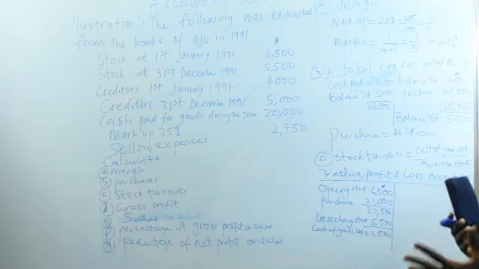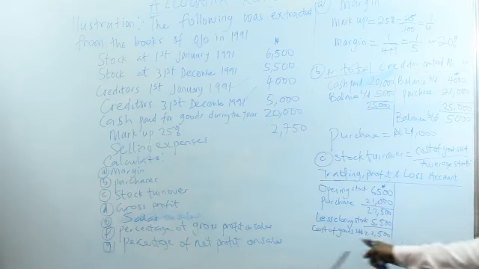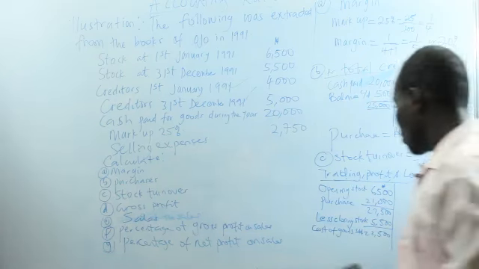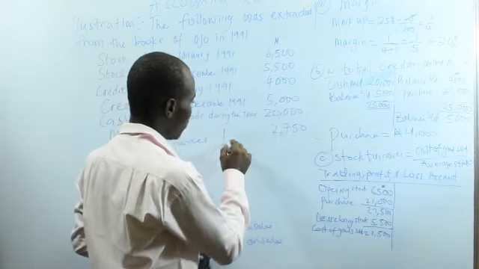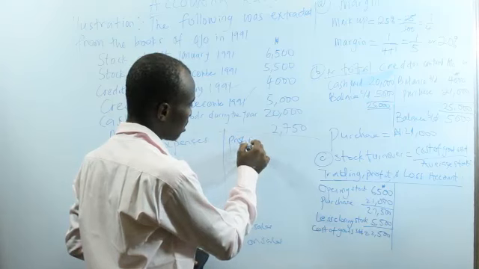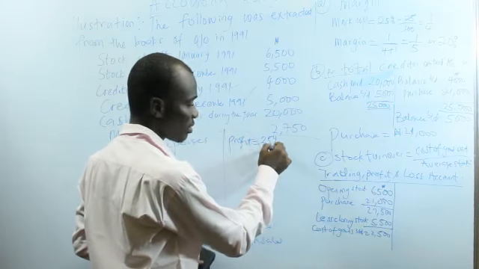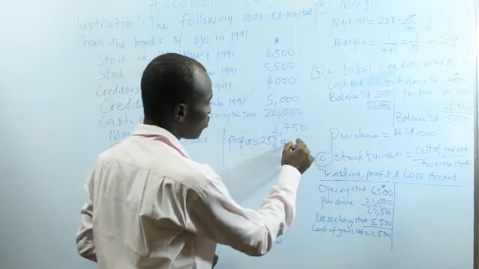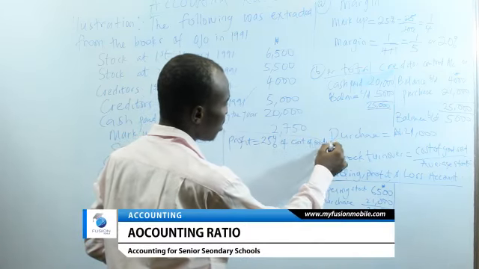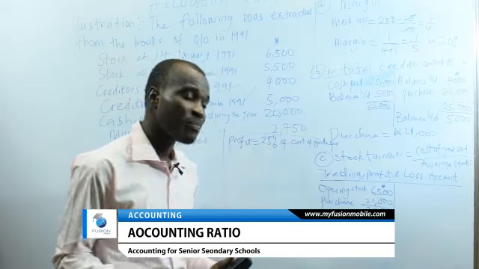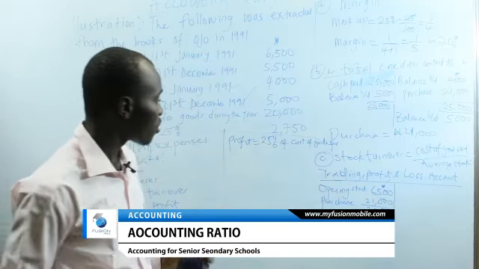So 25% of the cost of goods sold will give us the profit. So profit is equal to 25% of the cost of goods sold, because the markup is the profit expressed as a percentage of cost of goods sold.